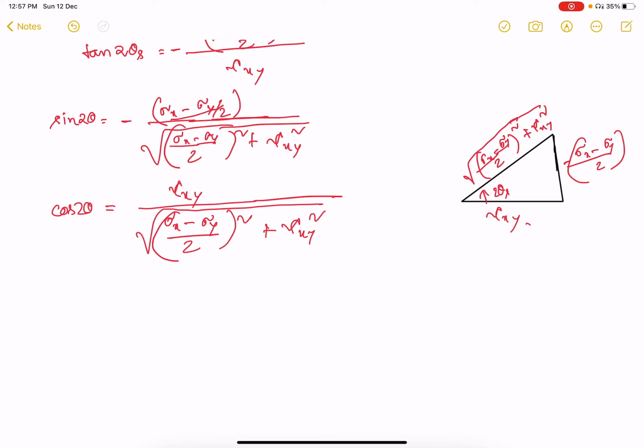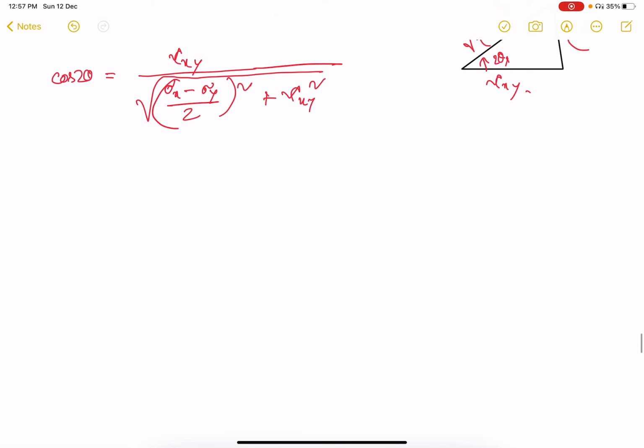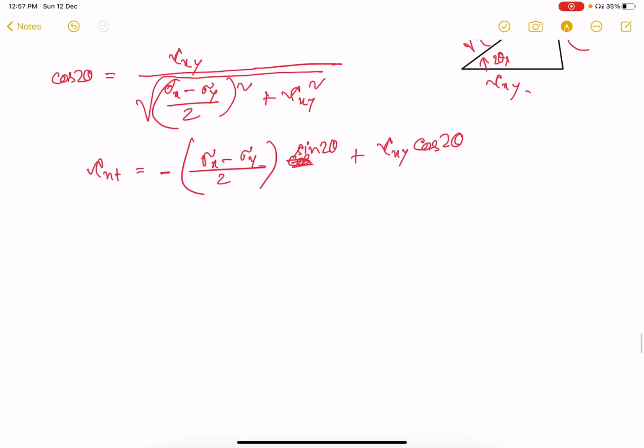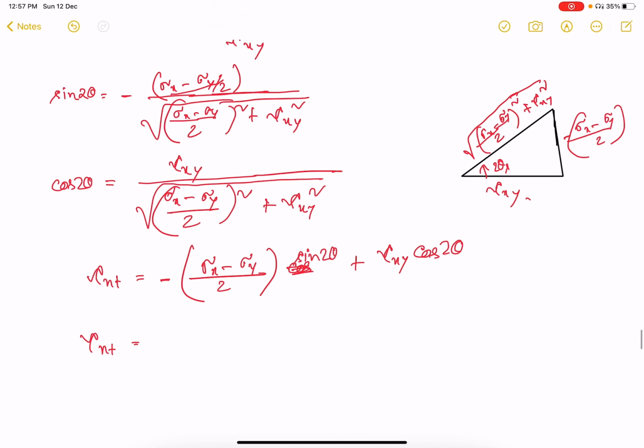Now if we put these into the tau nt formula, sigma x minus sigma y divided by 2 sine twice theta plus tau xy cos twice theta, if we put those two values, we will get sigma nt, and minus minus becomes positive.